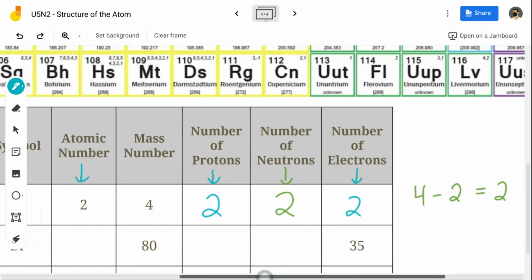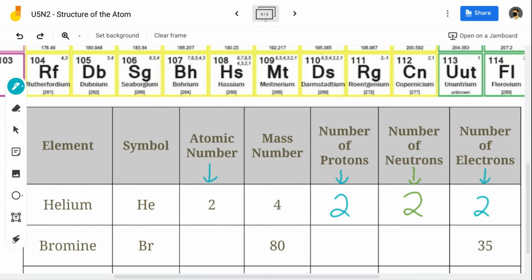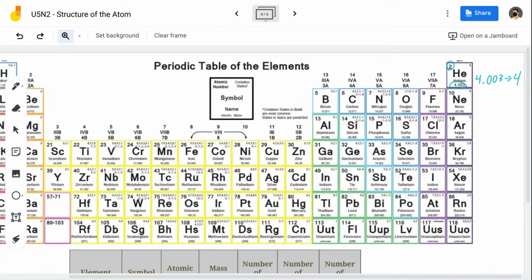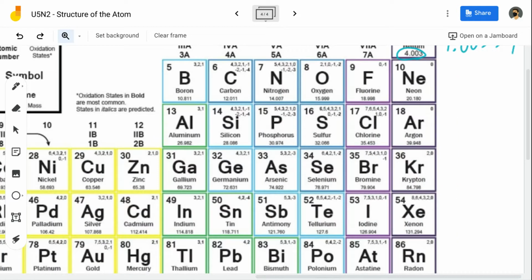For our next row of our table, we're looking at bromine. Bromine has a symbol of Br. So we can go look at the periodic table, and we can find that Br is over here on the right side of our table. If we zoom in on that cell, we can see that the atomic number is 35 and the mass number is 79.904, which we can then round to 80.